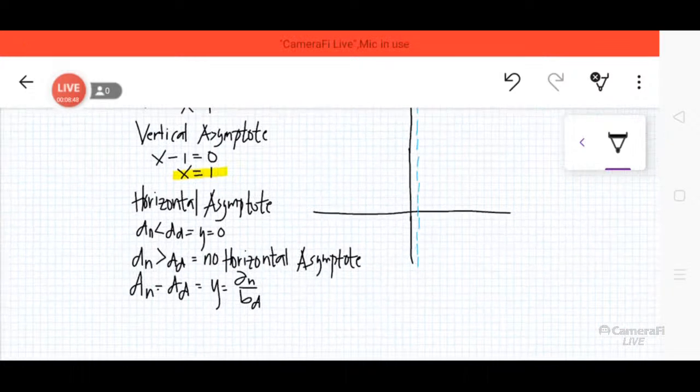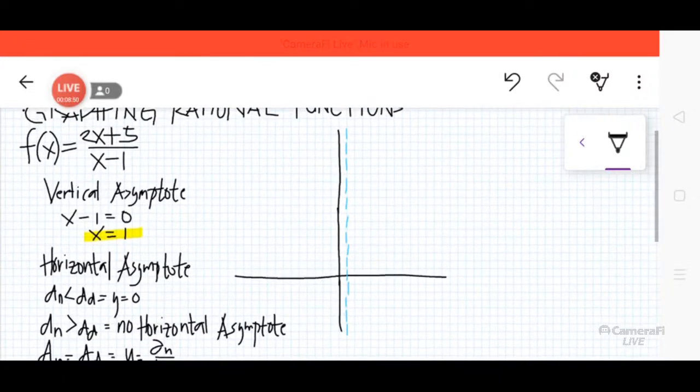As you can see in our given, 2x plus 5 over x minus 1, their degrees are equal. The leading term in our numerator has degree 1, and the denominator has degree 1 as well.